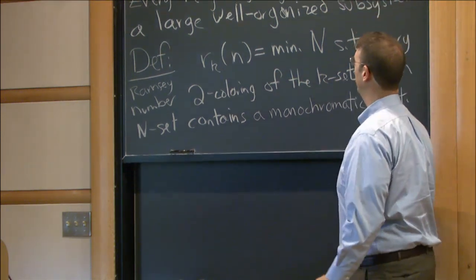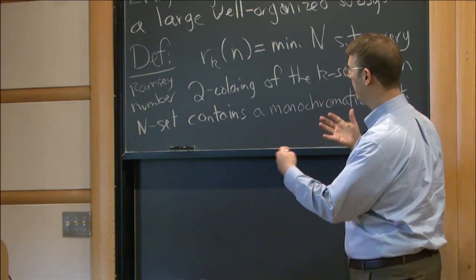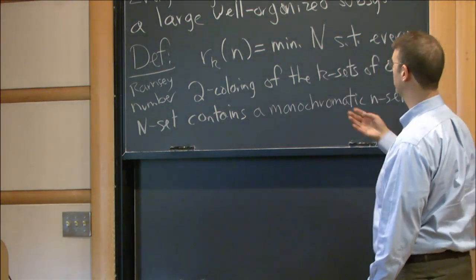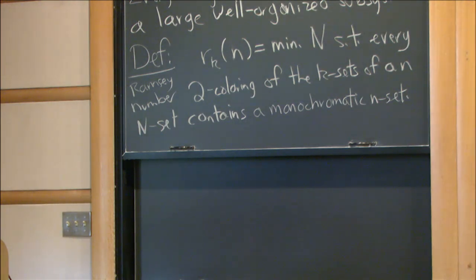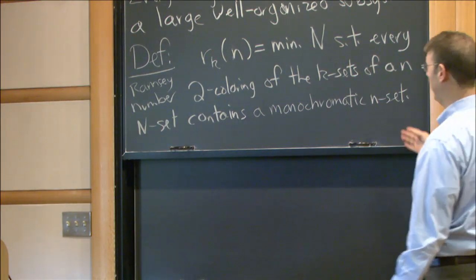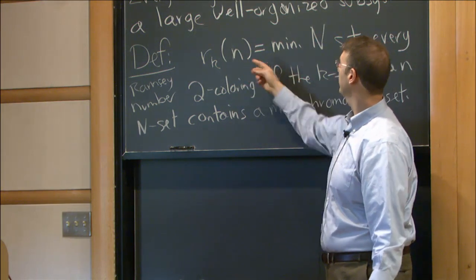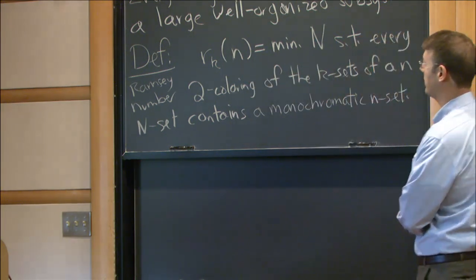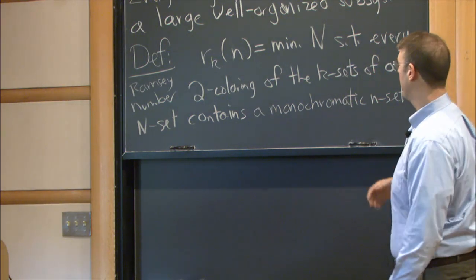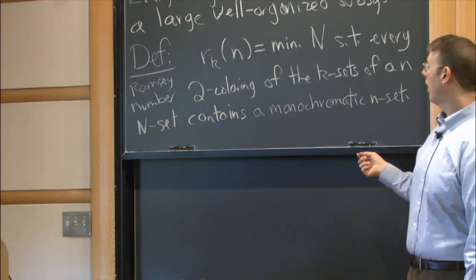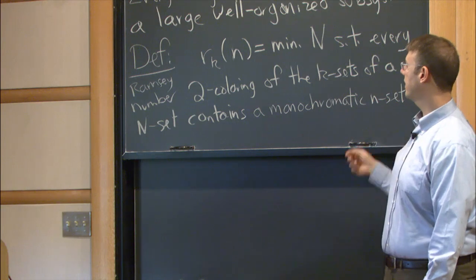That is, you have a big set N, and you look at all the k tuples, all the subsets of size k, and you assign each one of two colors, red or blue. And this is R_k of little n, the minimum big N, such that no matter how you two color all the k sets of the big N set, there is going to be a little n set, all of whose little k subsets are the same color.